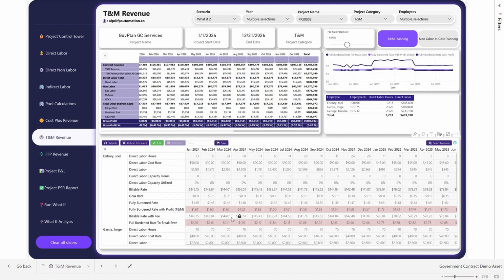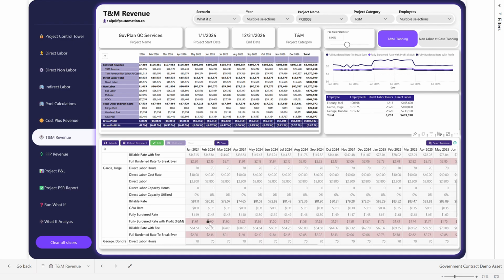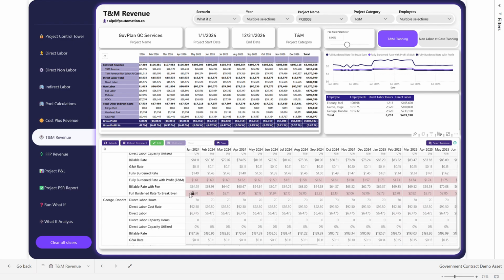Because of this, we can see that this particular project, if we look at each individual, will not be profitable until we achieve this fully burdened rate.